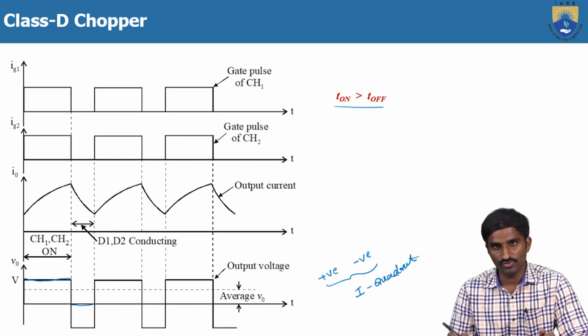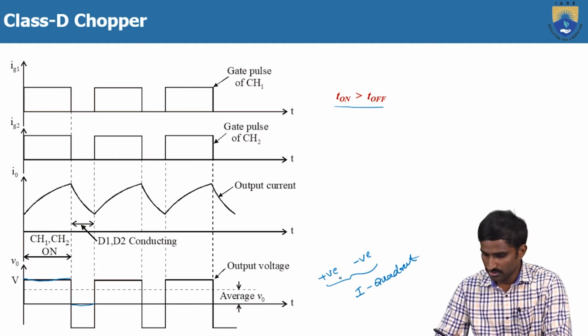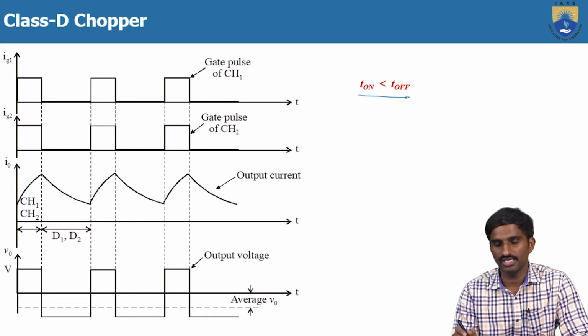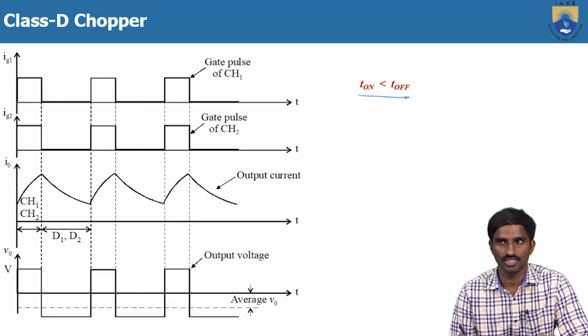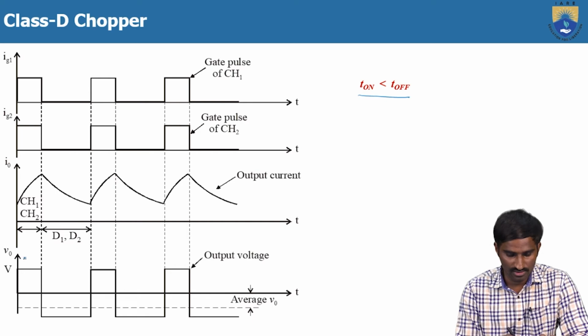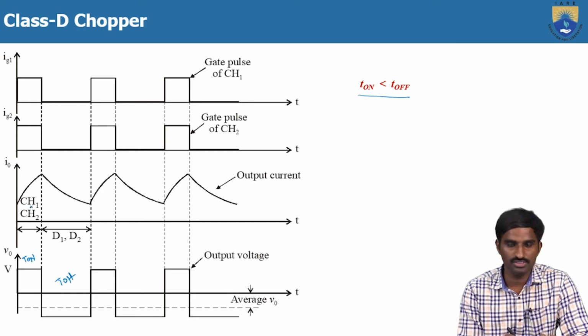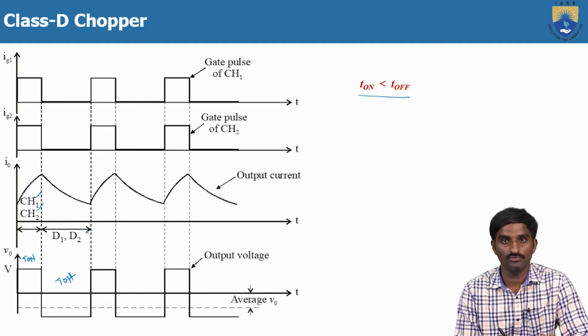In the second case, if you want to operate in the second quadrant, then you have to take T on less than T off. Here this is T on again, and this is T off again. CH1 and CH2 are turned on during this period, and during this period CH1 and CH2 are turned off, so D1 and D2 start conducting.